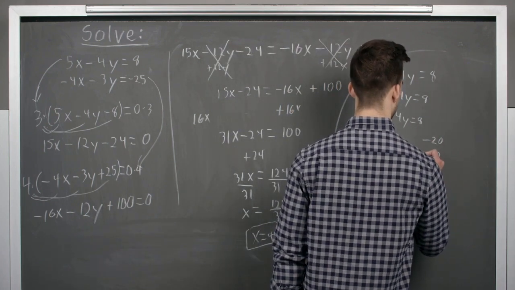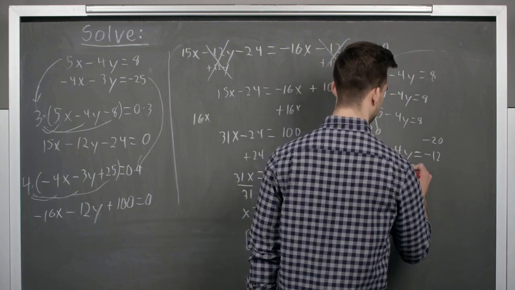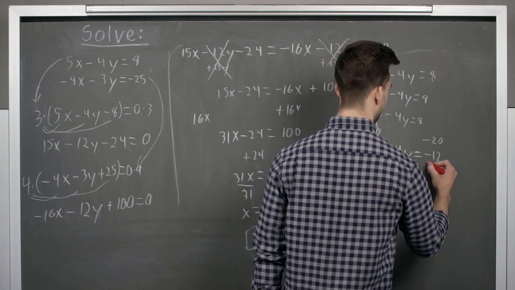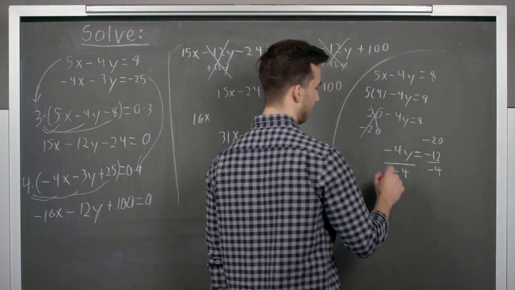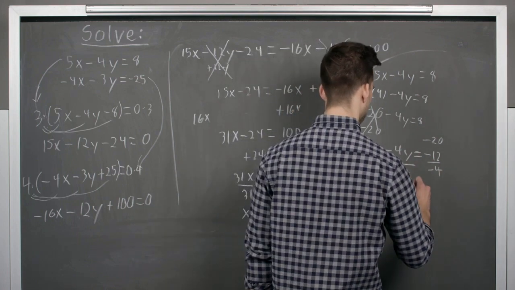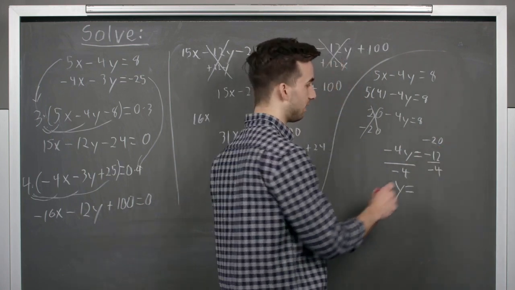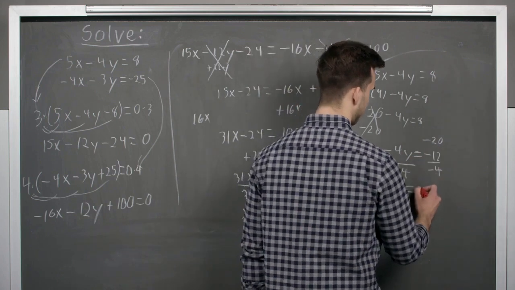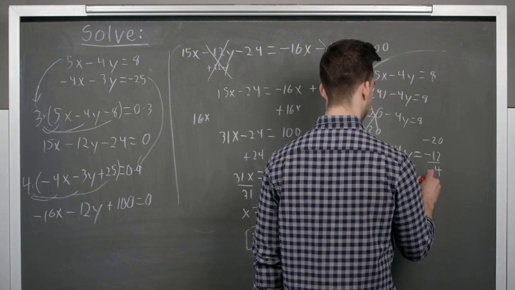And now we can divide both sides by negative 4 to give us just y by itself. So negative 4y divided by negative 4 just gives us y. And over here, negative 12 divided by negative 4 gives us positive 3. So there's our solution for y.